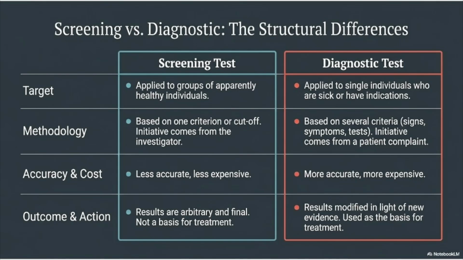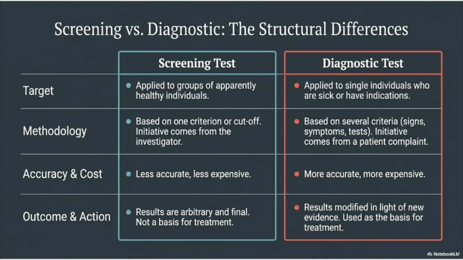Another important difference is that screening usually uses a predetermined cutoff value to classify individuals as positive or negative. Diagnostic decisions are made using a combination of clinical history, physical examination, laboratory investigations, imaging, and other evidence. Finally, the outcome is also different.